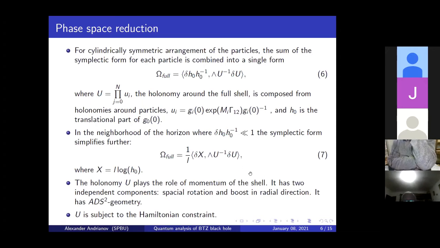Then, in the neighborhood of the horizon, where we can calculate things even analytically or semi-analytically, this shift is much less than 1, and the symplectic form is simplified to the following action.